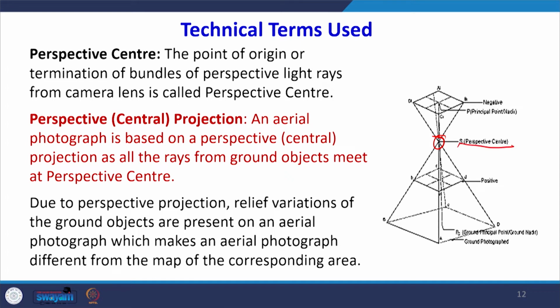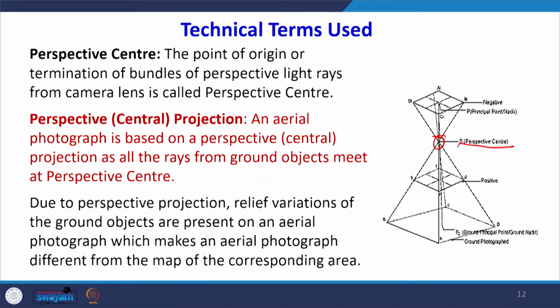This is called the perspective center, and the projection system where the rays are radially moving is called the perspective projection system. Our aerial photographs, because they have been taken from one vantage point, are based on the perspective projection system. Due to this, the aerial photographs which we are capturing have relief variation, relief displacement, present in the photograph. We will discuss it later.